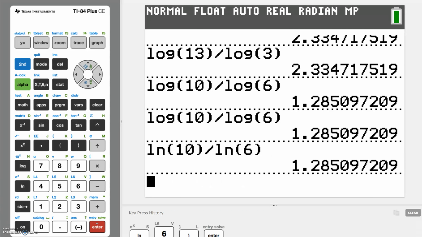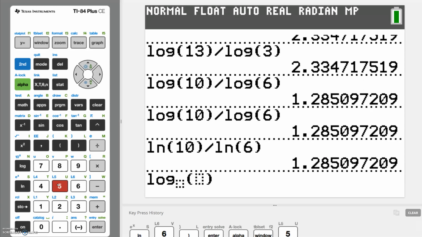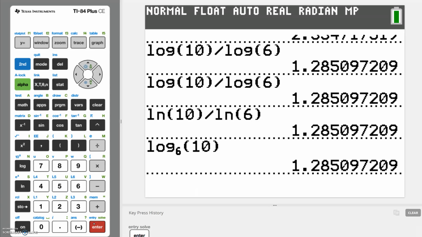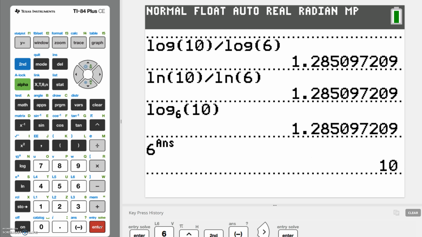Or with your log base here, log base 6 of 10 is also 1.28509. And remember what that means is if I raise 6 to that power, that gives me 10. Okay, so hopefully that is clear to you.